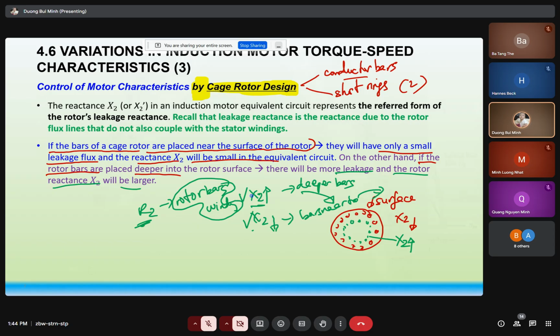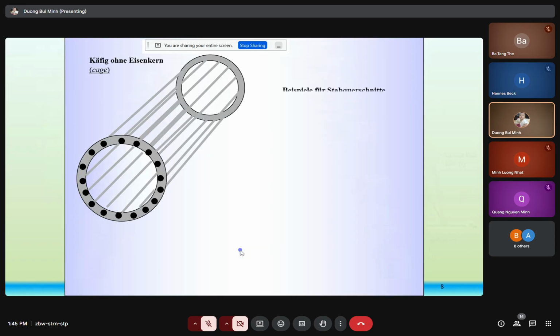X2 depends on the position of the conduction bar. After that, you can get the impedance Z2 as R2 plus jX2. Okay, so continue.